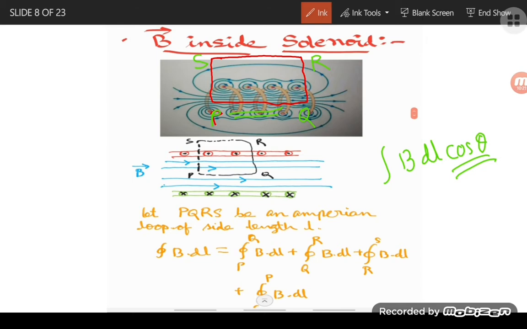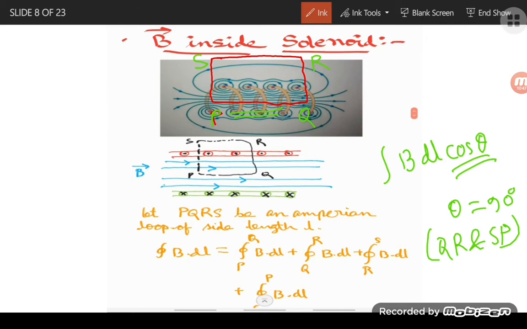As you can see, the angle here is 0 degrees, that is why the contribution will be BL. Next, the contribution from Q to R and S to P will be 0, since theta equals 90 degrees.